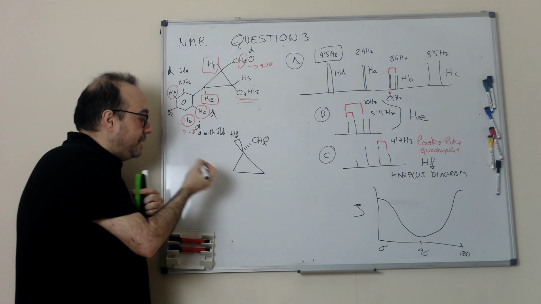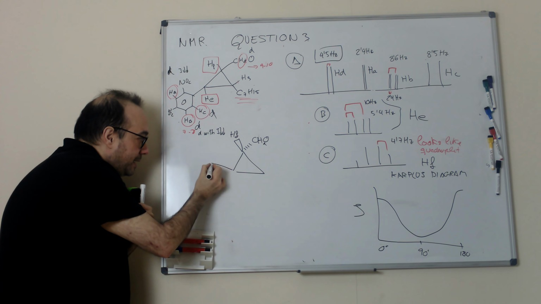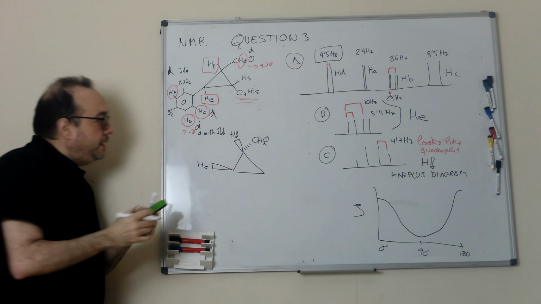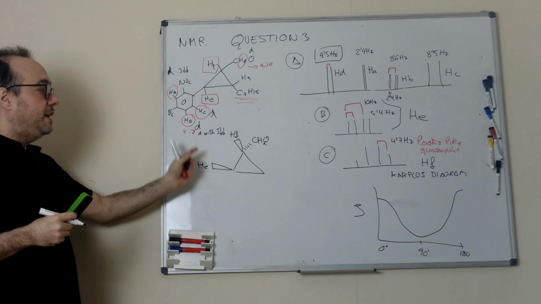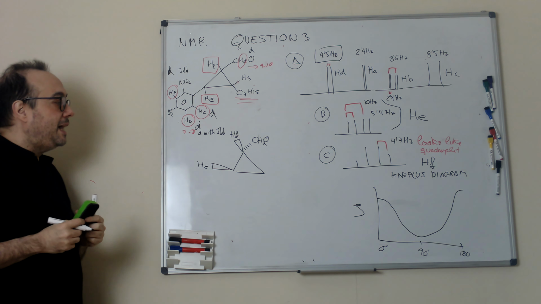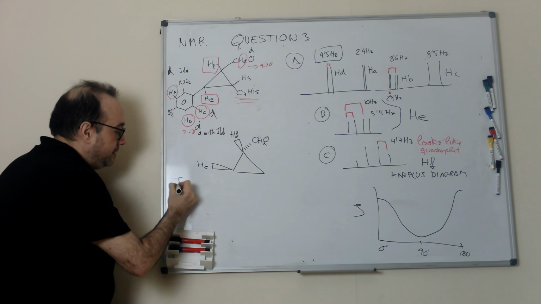And what we know is that in a cyclopropane, if, for example, HF and HE are both in front of the slide, the dihedral angle is 0.